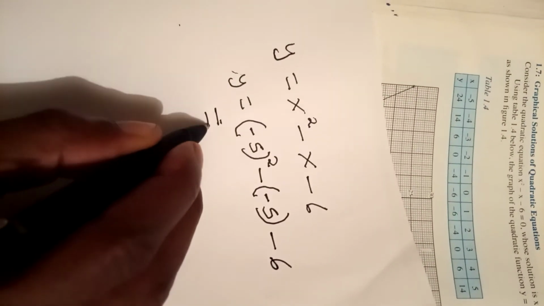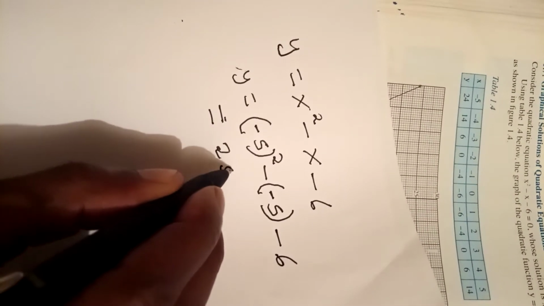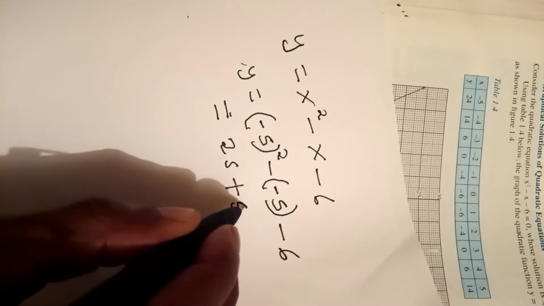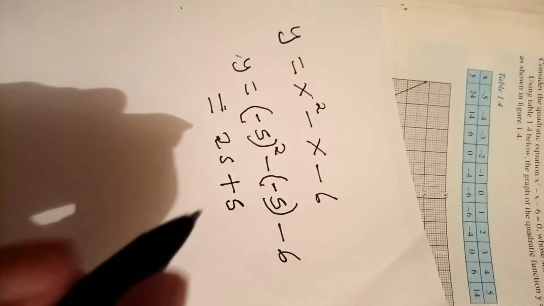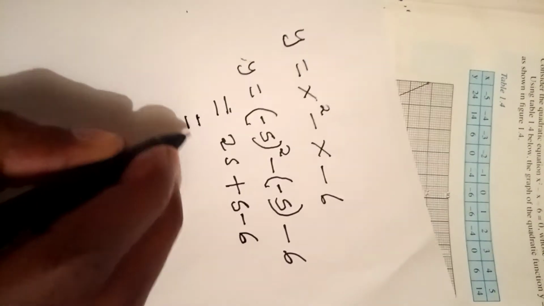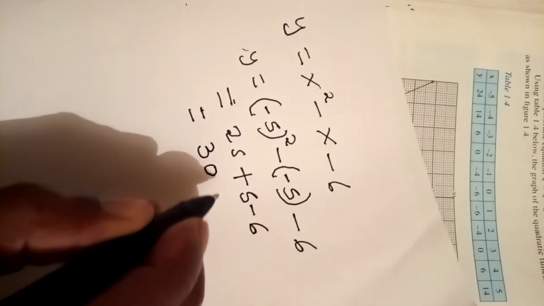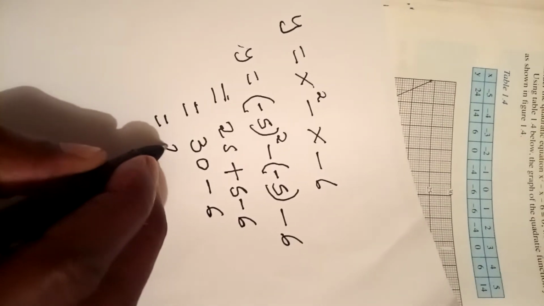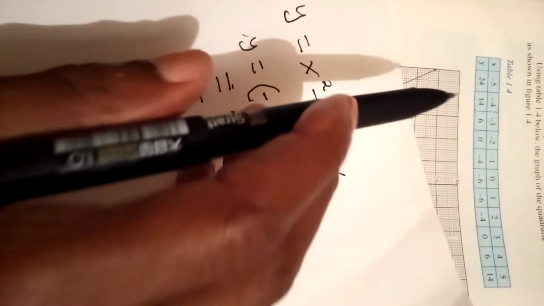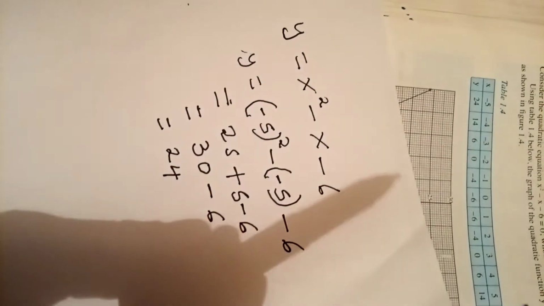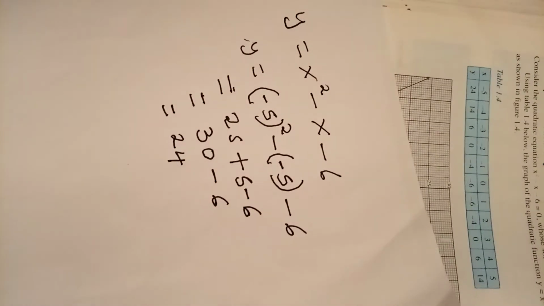This translates to negative 5 squared, that will be 25, and then negative negative, we end up with a positive 5, and then take away 6. So this gives us 30, take away 6, and the answer is 24. The way it is indicated there, you get 24. If you check the table, the first value, if we use x equals minus 5, we get 24.